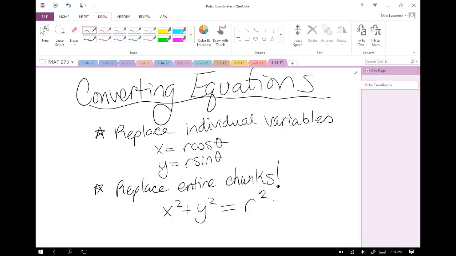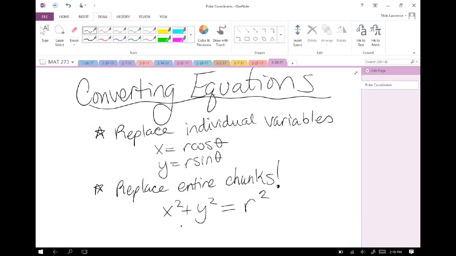So if you ever have the x squared plus y squared chunk in your function or in your equation, all of that together could be replaced with an r squared. So those two variables can get replaced with just this one. So that's why polar is nice: we usually see x squared plus y squared in circles, and we're replacing two variables with one variable.